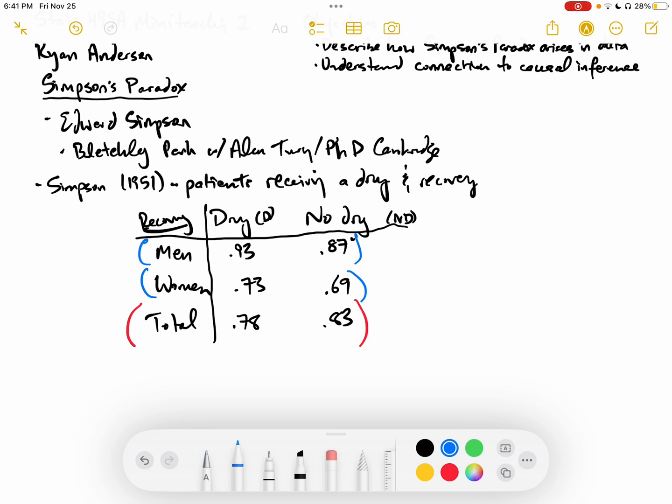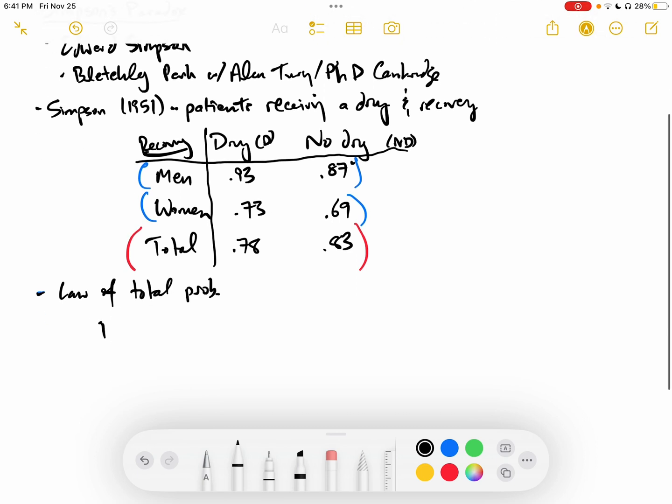And so we can sort of take a look at why this arises with reference to the law of total probability, right? And here we're going to look at some conditional probabilities, but here, the problem is the P of recovery, P of R, given drug, is less than P of R given no drug, right? But if you look at it individually, let's condition once more on gender.